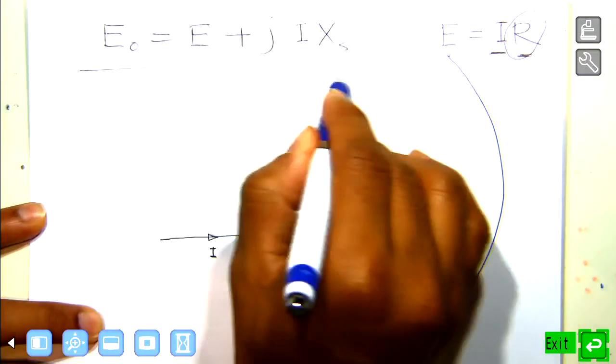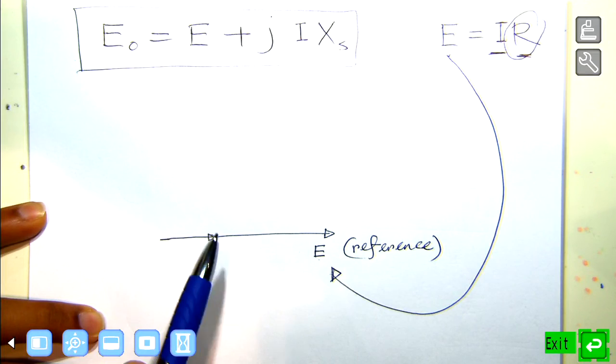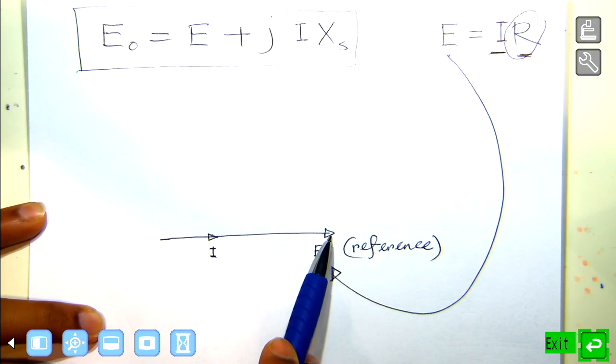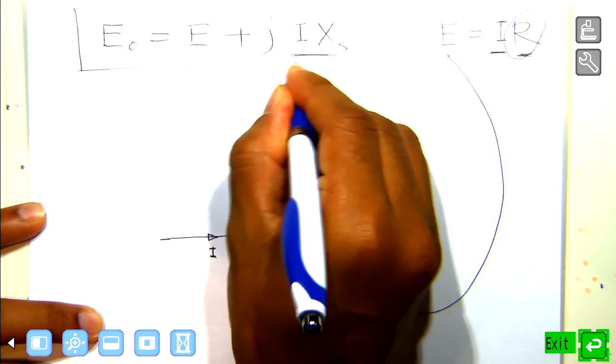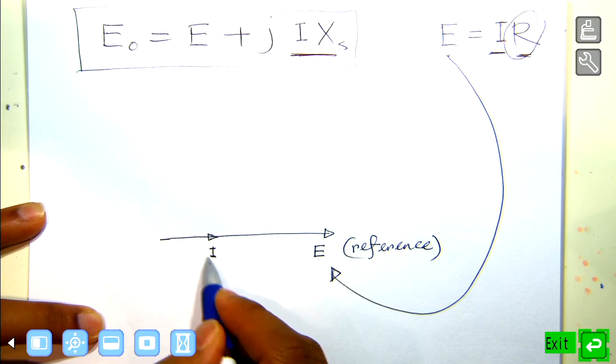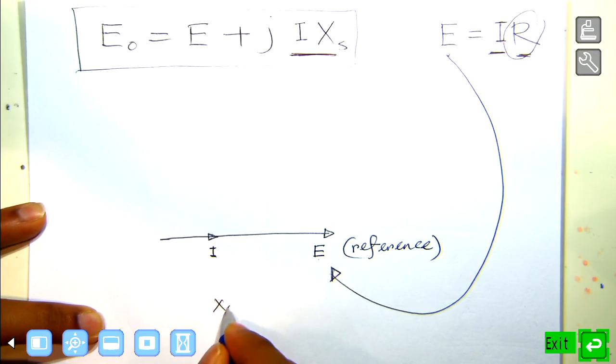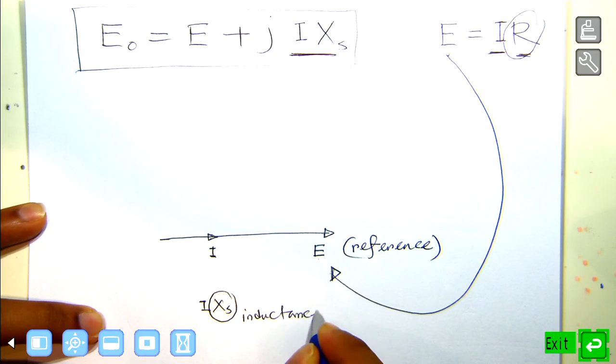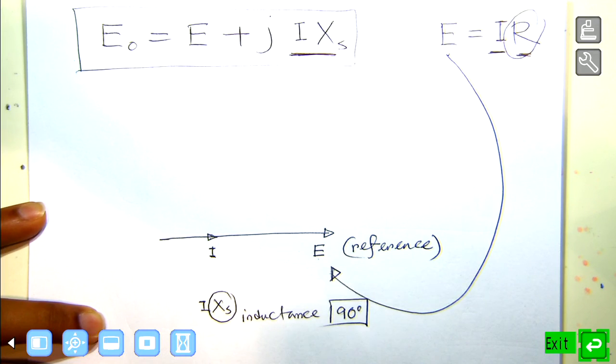Now from this, I have to draw IXS. I have I, now I have to multiply XS with this I. Now XS is inductance, and a pure inductance gives 90 degree phase shift. Am I right?